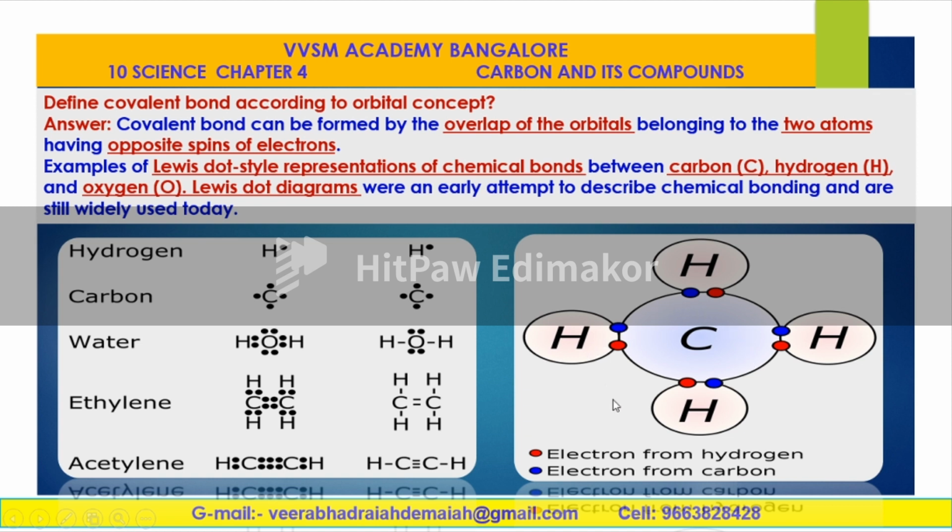Carbon and hydrogen are quite different, and hence they have different spins. Lewis dot diagrams were an early attempt to describe chemical bonding and are still widely used today. This is very helpful for the Lewis dot style representations of chemical bonds, or electron dot structures.